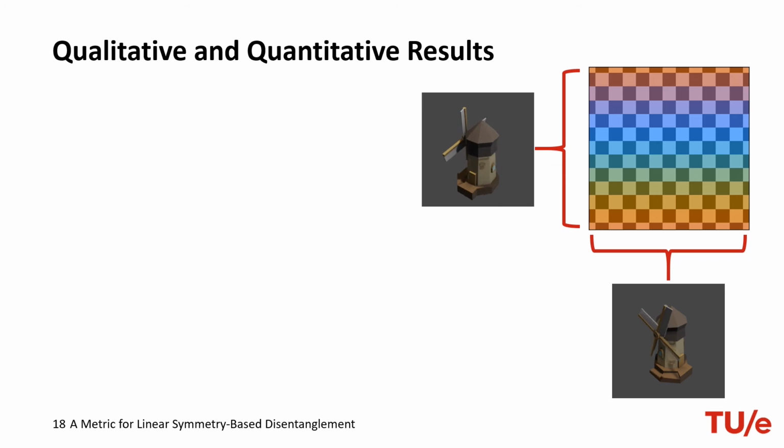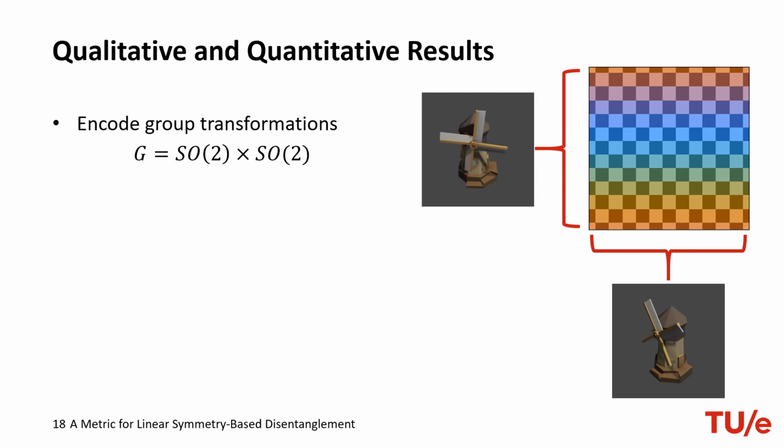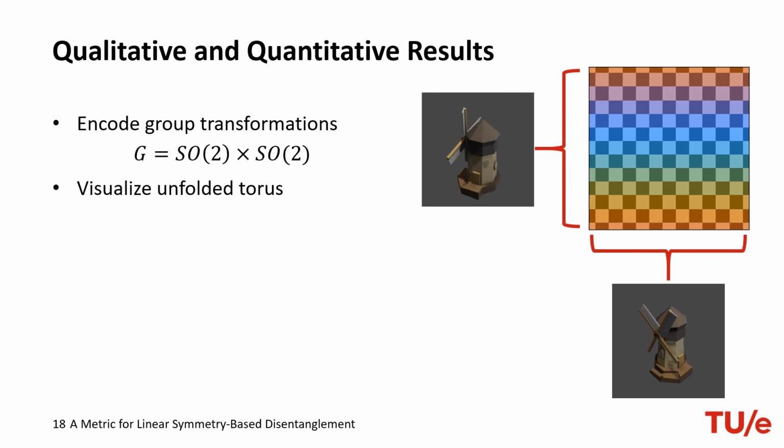In our paper, we present both qualitative and quantitative results, which correspond to the data generated from group transformations of rotations as shown here. We visualize these encodings in an unfolded torus, where we have encoded our data.